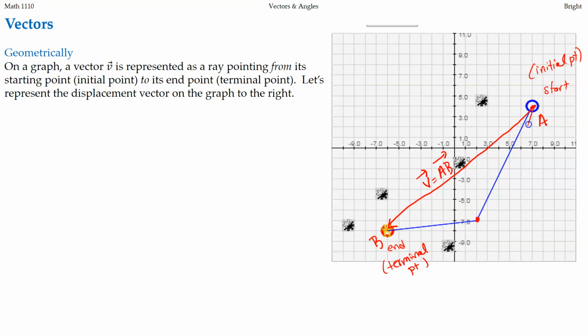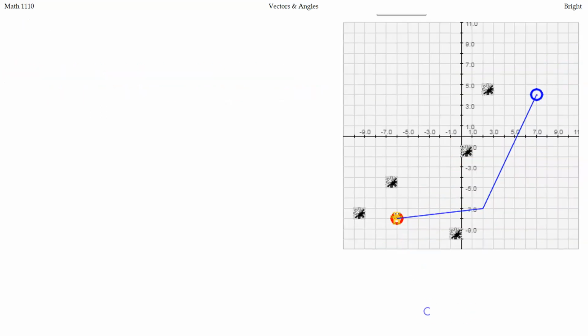You go from A to this point, which we'll call C, and that's vector AC, or we could just call it vector W. Then you could do something like this here, and call this CB, or vector U. So geometrically, make a ray extending from starting to ending.